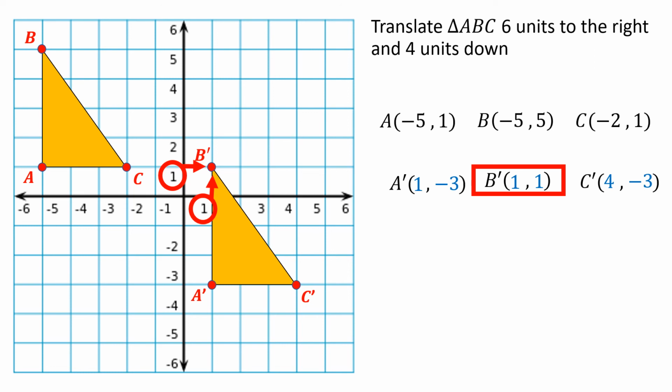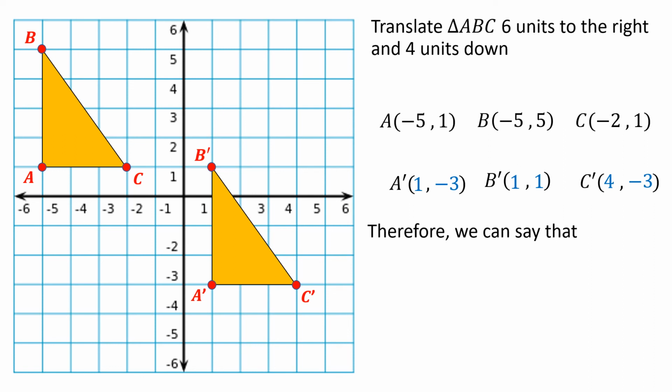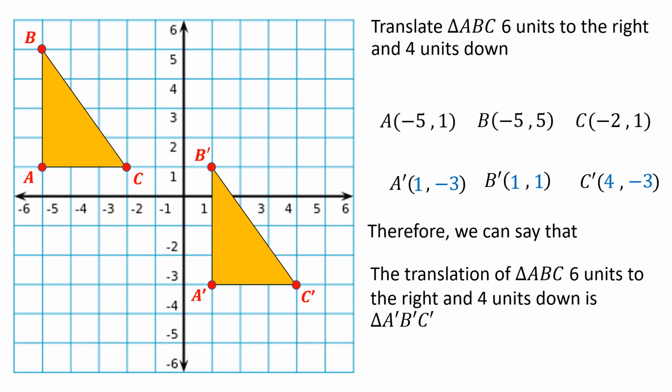B prime is on 1 and 1. That's correct. How about our C prime? Wow, C prime is on 4 and -3. That's also correct. So as you can see, either of the two methods will give you the correct answer.